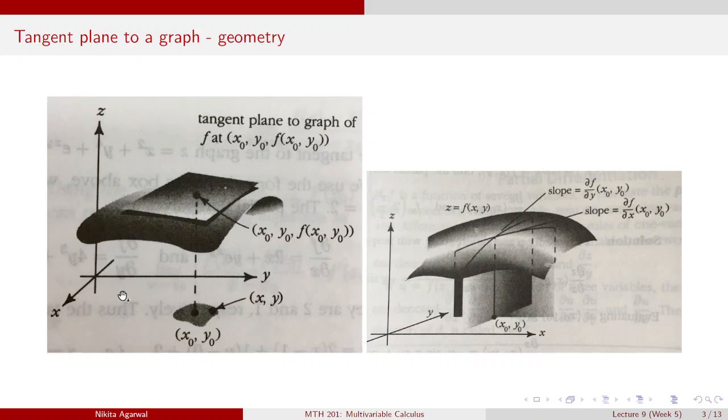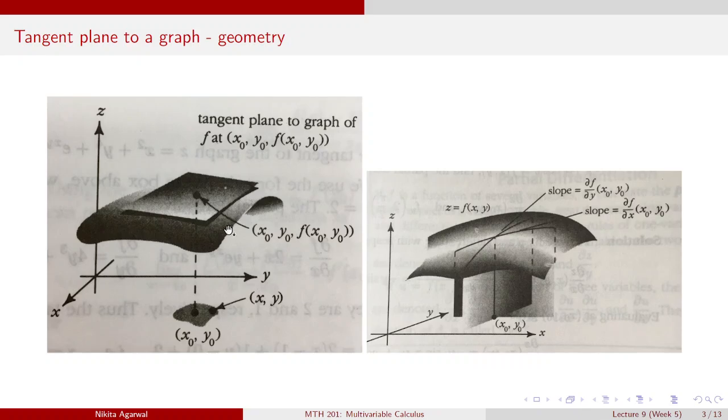Now suppose I take a point x naught, y naught in the xy plane and you look at its image on the graph. So you get a point whose z coordinate is given by f of x naught, y naught, right? We want to define the tangent plane to this graph at this point.